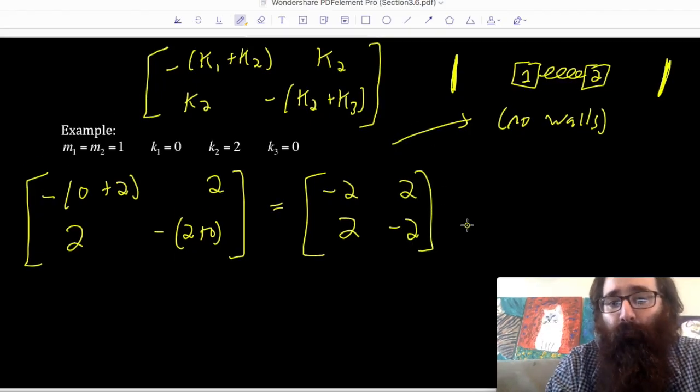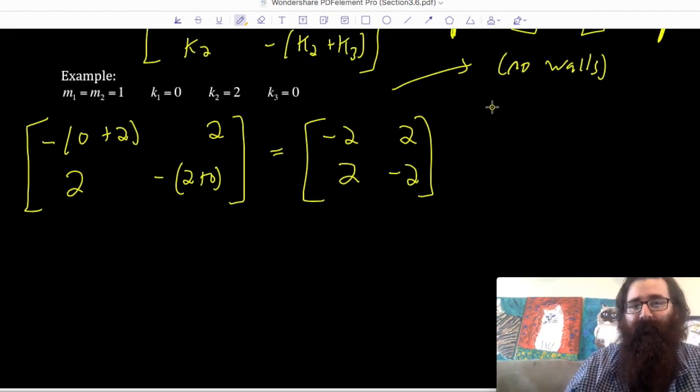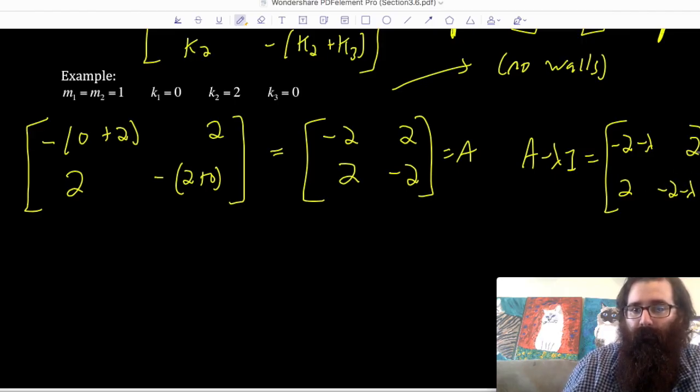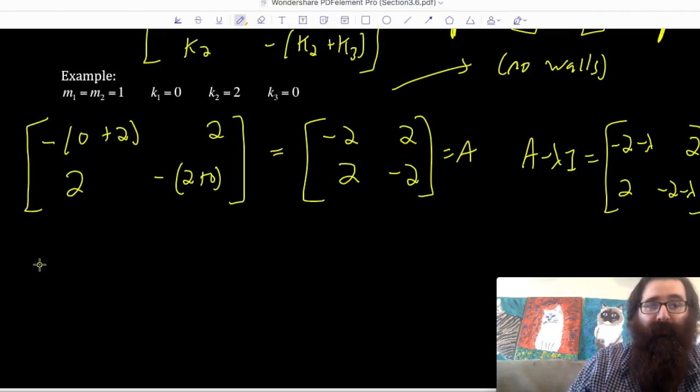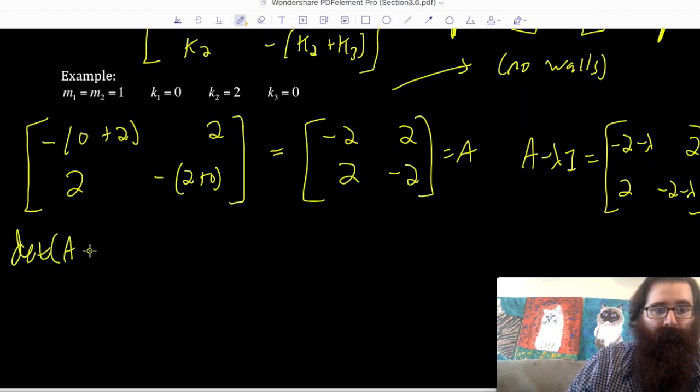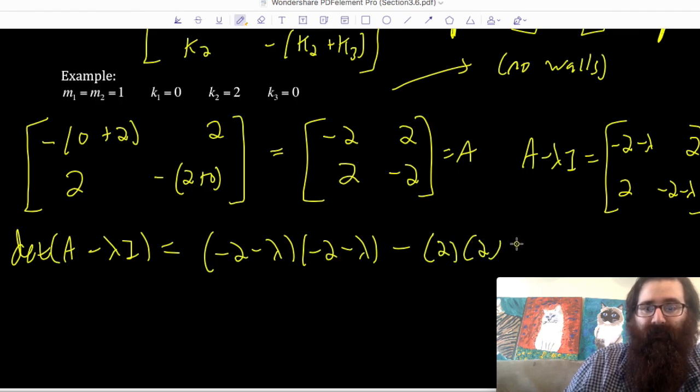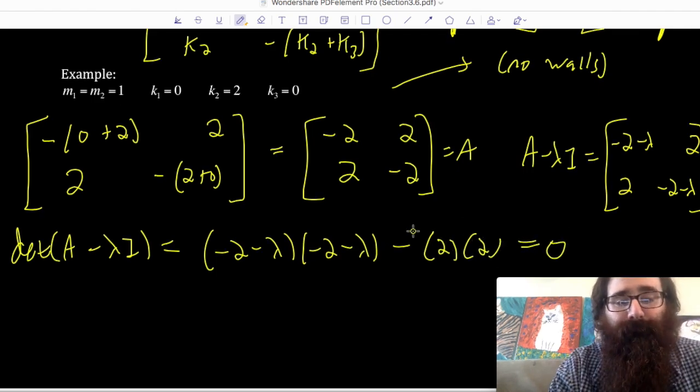And just like we did before with our eigenvalue eigenvector systems, consider this matrix A, and then think about A minus lambda I. So that would subtract lambda on the main diagonal. And then I want the determinant of this. So determinant of A minus lambda I, well, that's going to be multiplying on the main diagonal, negative 2 minus lambda times negative 2 minus lambda, and then minus the product on the off diagonal, 2 times 2, and set that determinant equal to 0.